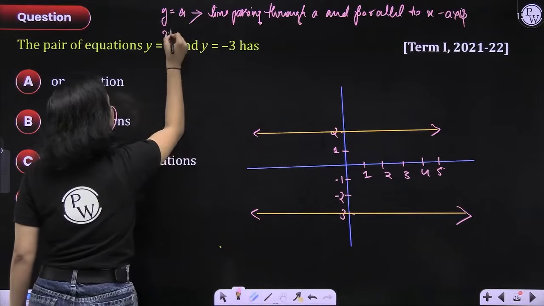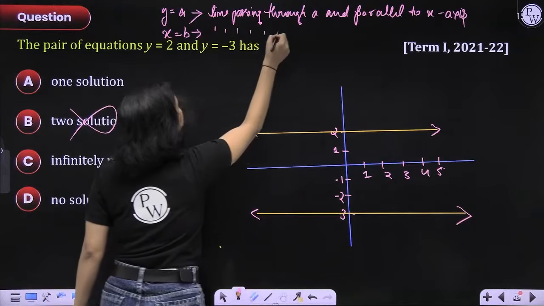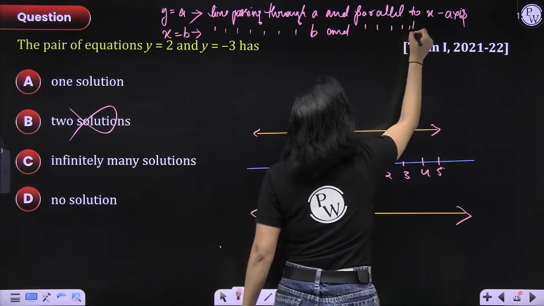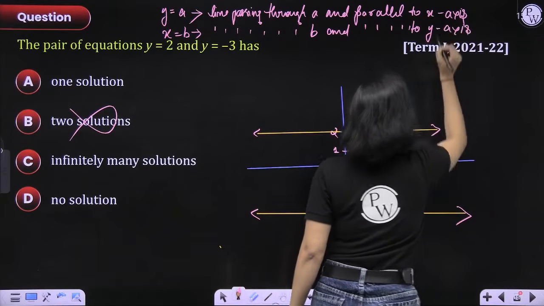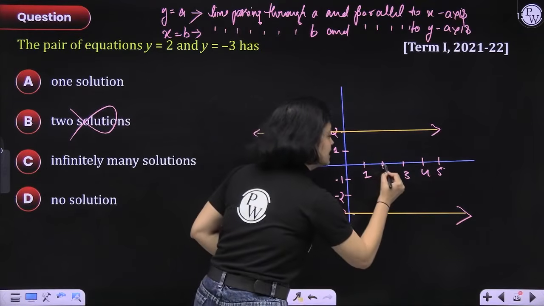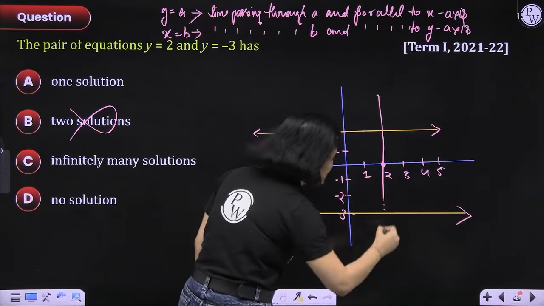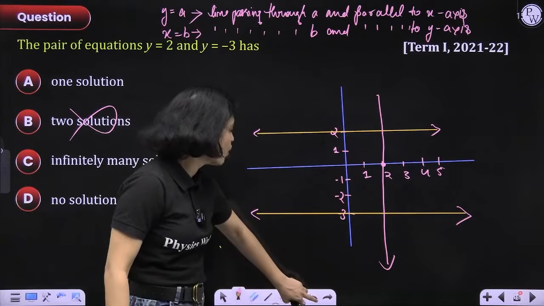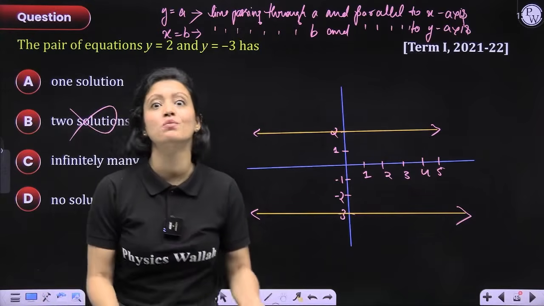And if you have something like this, x is equals to b, again you will have a line passing through b and parallel to y-axis. To y-axis. Got it? Let's just suppose you had x is equals to 2. X is equals to 2 matlab the line would pass through this 2, right, on x-axis, and it will go parallel to y-axis like this. Got it? So these are very small things you have already studied in smaller grades, guys. But still, please remember these small things, right?